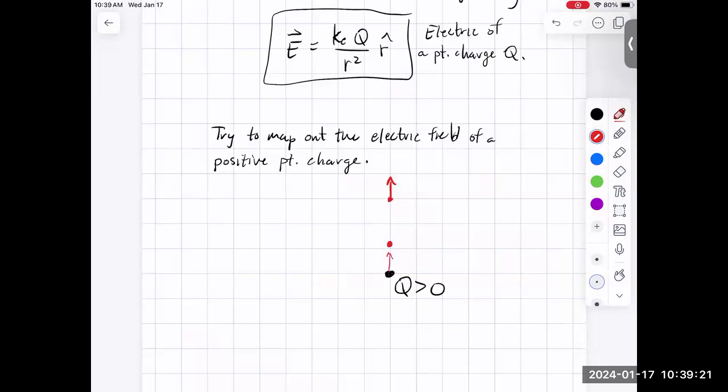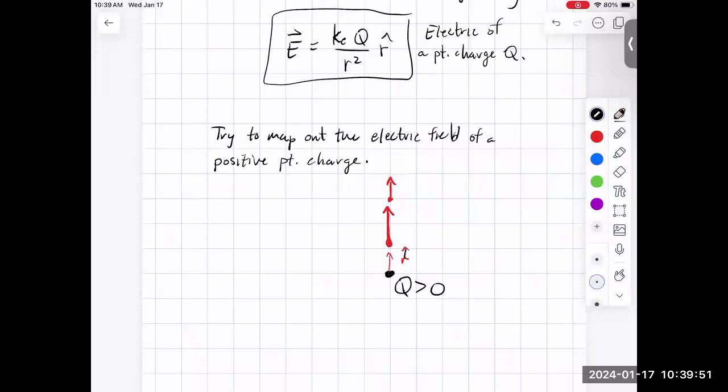So in fact, it's the same unit vector in this case for these two points because they follow the same line. But now the distance between Q and this second red point is smaller. So we're dividing by r squared, and if we make r smaller, we're dividing by a smaller number. So the electric field is stronger. So I'm going to draw it as being a longer vector.